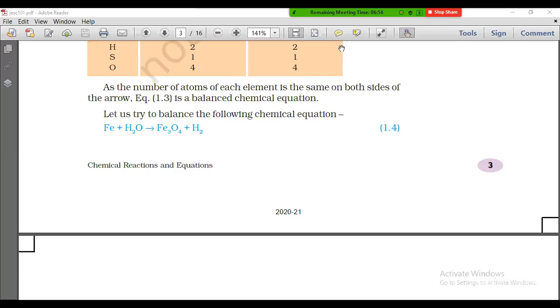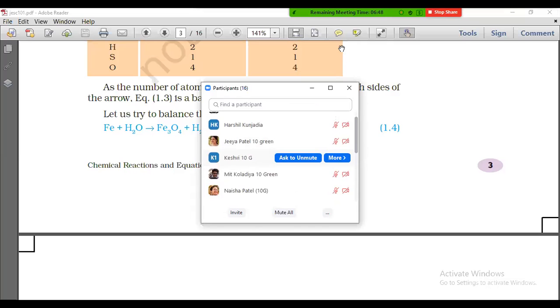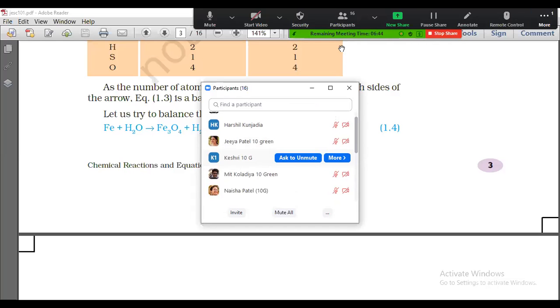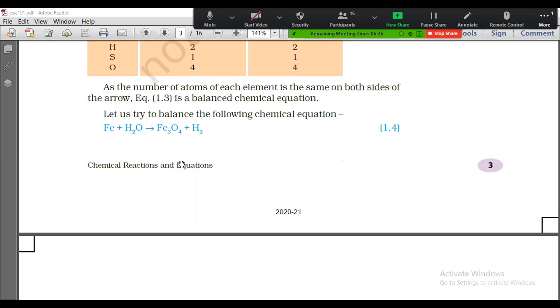Anyone else? Harshil? Arya? Keshwi? Anyone? Meet? Very good, Meet. Good job. It is the equation of rusting. It is the chemical reaction of rusting.